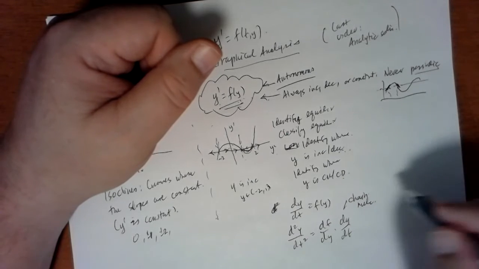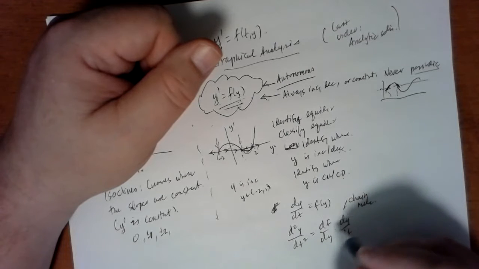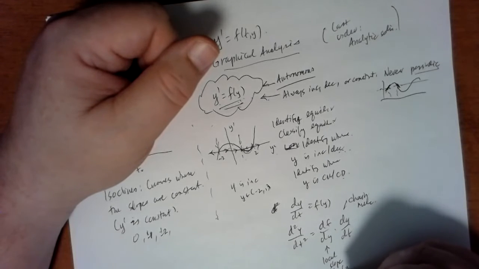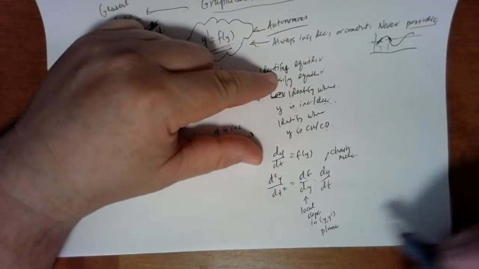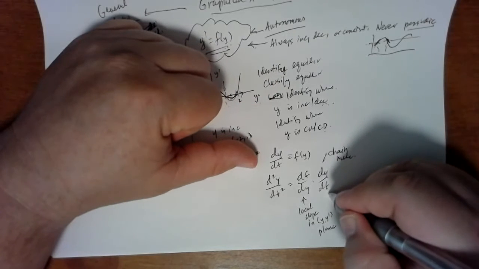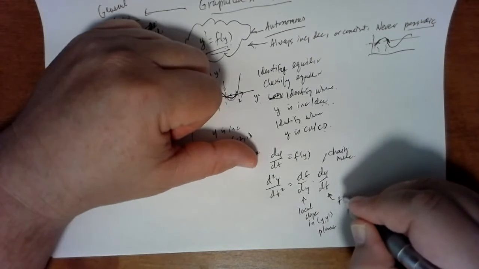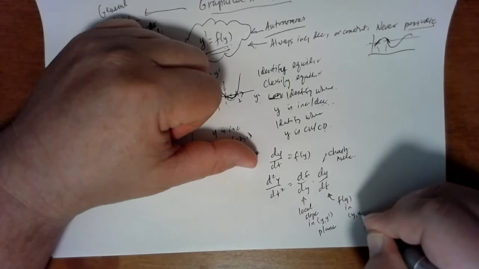Chain rule. And now, if I were to do this geometrically, this is the local slope in the y prime plane, right? And this is y prime, or f of y, in the y prime plane.